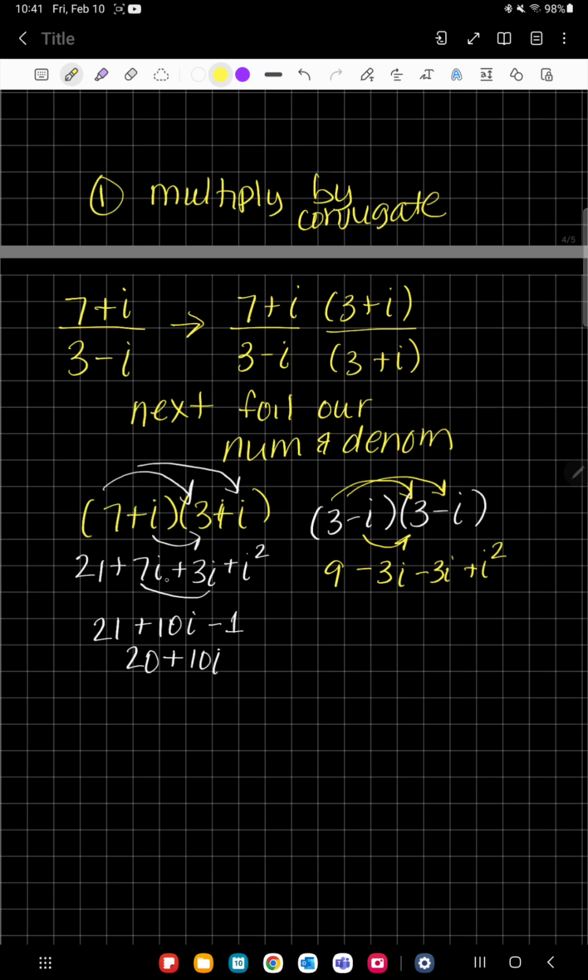Again, rules never change, right? Combine our like terms. We know I squared is -1. We have 9 minus 6I minus 1. 9 minus 1 is 8 minus 6I. Okay.